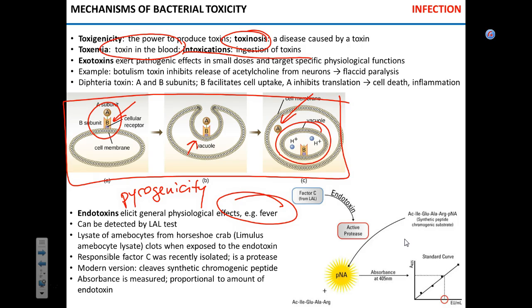But with most other injectables, especially drugs that are chemically simpler, people developed the so-called LAL test, and I want you to be aware of that. Have you seen horseshoe crabs? Pretty little creatures that live in the northern Atlantic. There are plenty of them in the waters of Maine and Massachusetts.